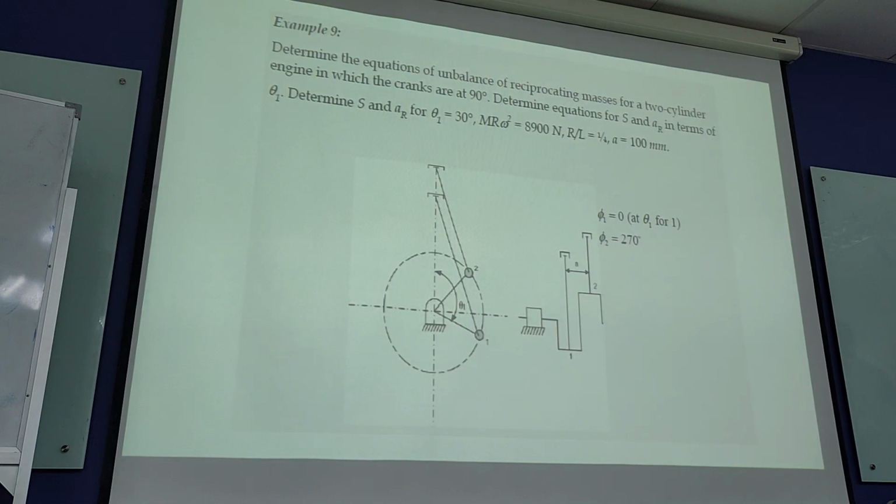Now let us apply this to an example. Look at this example and note down the values given. There is no need to draw this figure, but you can just note down the problem.